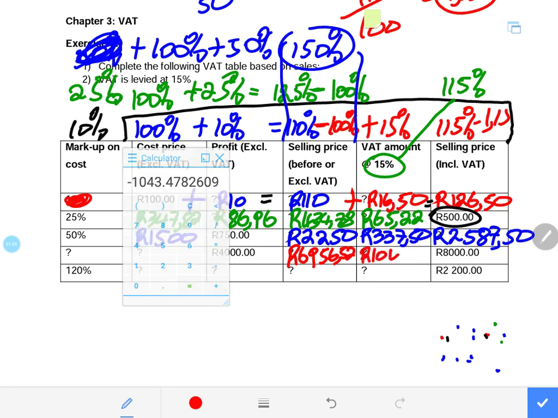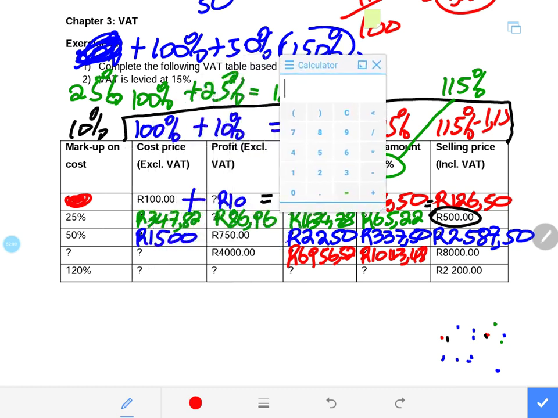Then we know that in order for us to get here, the cost price plus the markup gave us the selling price that excludes VAT. So we know how to get there: the 10 rand plus the previous 100 rand gave us 110. In the first scenario, the 100 rand plus the 10 rand gave us 110.